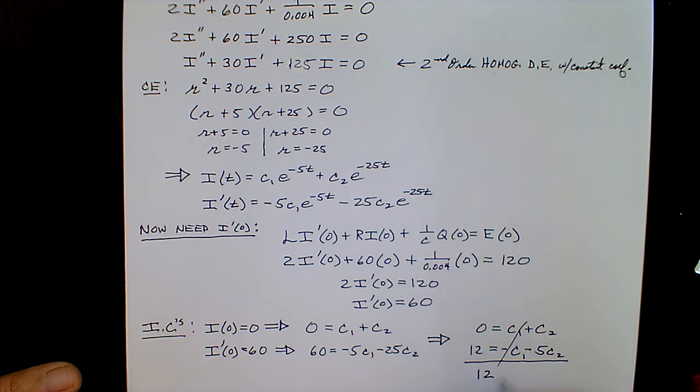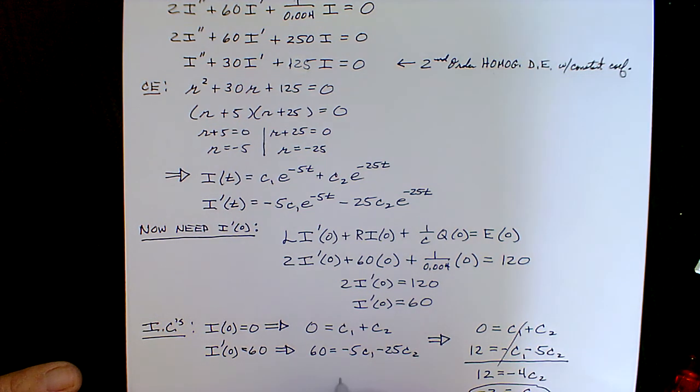So we get 12 equals negative 4C2, and C2 would be negative 3. Then if we back substitute, 0 equals C1 plus C2, so 0 equals C1 minus 3, and C1 is positive 3.